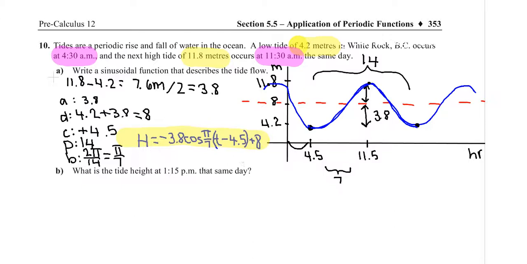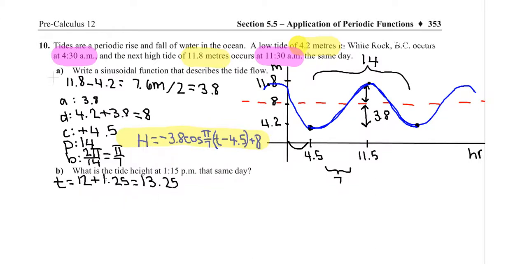So we already have the equation, and in this case we're working with a t that is, it says it's at 1:15 p.m. To make that into hours, since it's p.m., we're going to do 12 plus 1:15, which is 1.25 of an hour, so that equals 13.25 hours.